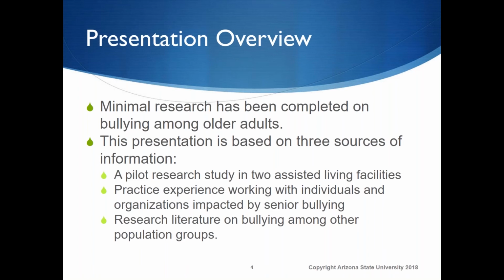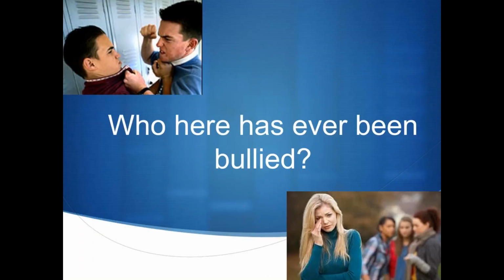And then practice experience with individuals and organizations impacted by senior bullying, and not just my practice experience, but the practice experience of several different providers across the country. And then there's a wealth of literature on bullying among other population groups that can really inform our work with older adults. So it's the combination of those 3 sources of information that I'm sharing with you today.